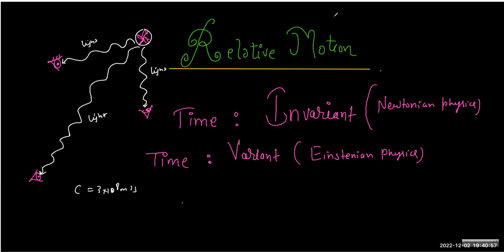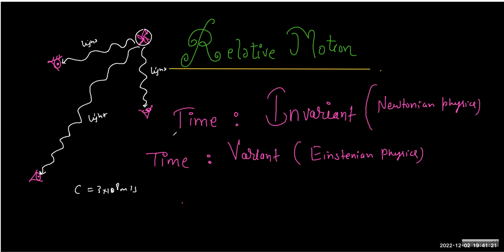The one whom you choose as the observer will become the observer, and the remaining particle will become the event, which the observer will explain to you. That is the whole idea of relative motion.